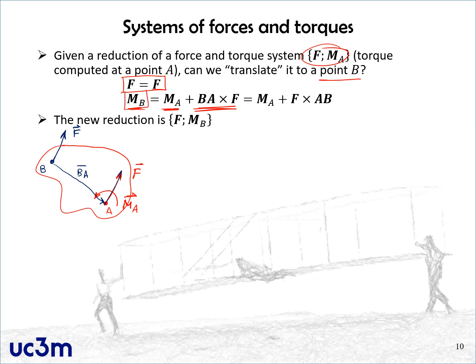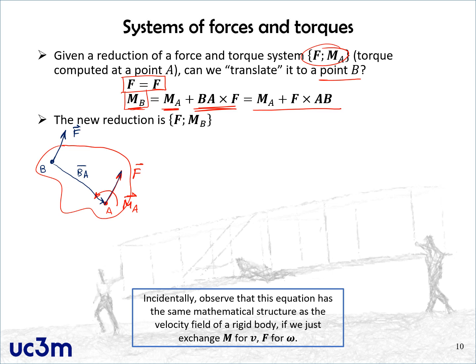All right. If you want, you can rewrite this equation in a slightly different way, like that. Okay. And perhaps this is interesting because it shows that there are some analogies between this equation and another familiar equation that we know of, which is the velocity field equation of the rigid body. Remember that that equation can be expressed like this. So if you have a point Q, you have that the velocity at that point is equal to the velocity at the point P plus a rotational term, which can be expressed like this.